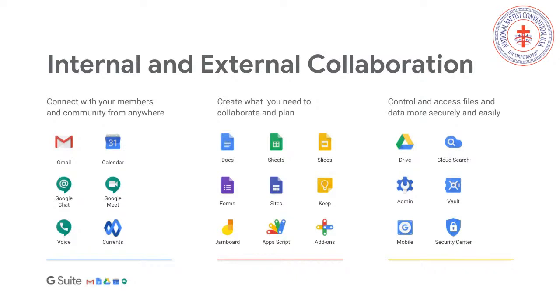You can not only see when these events are happening, but also have the embedded links to join a meeting or a YouTube live broadcast, or links to additional documents you need for the meeting. If you think about a church meeting or trustees meeting, you may have a specific agenda. You can include that in there. So it does make things a little bit more efficient.